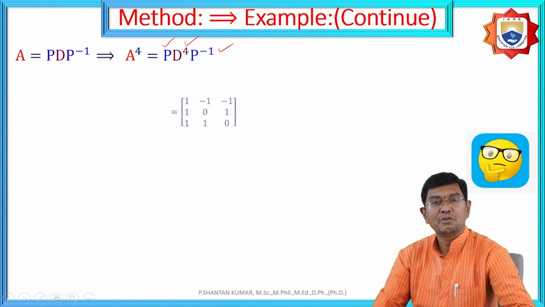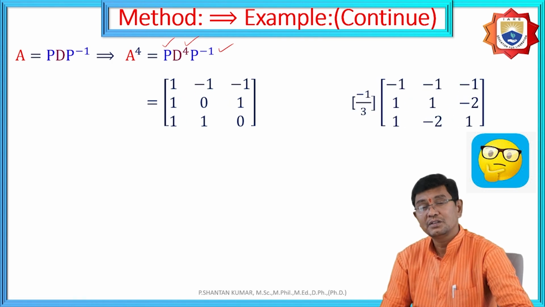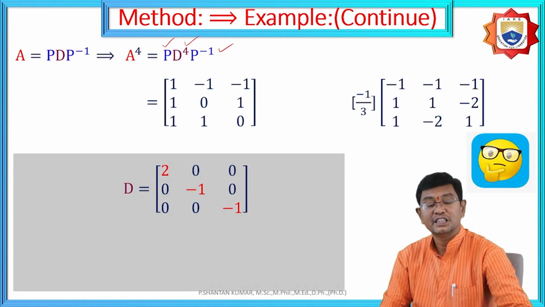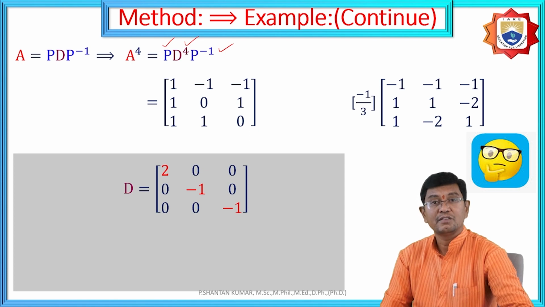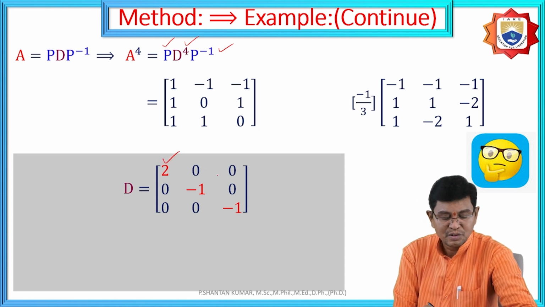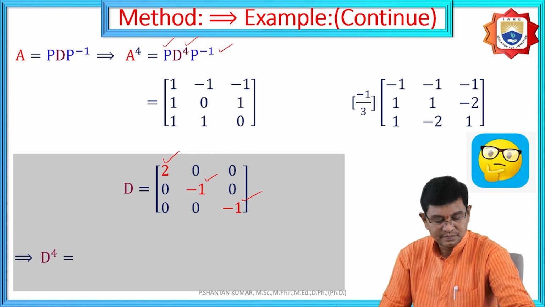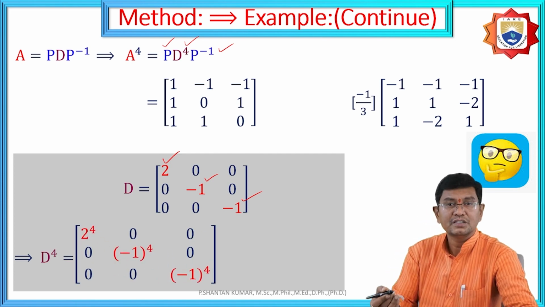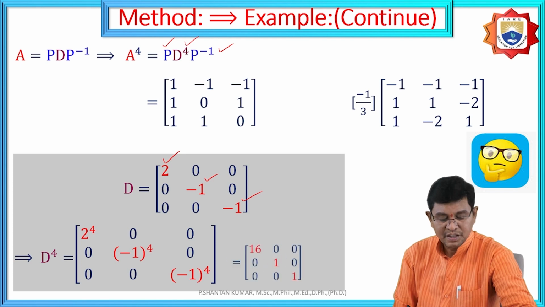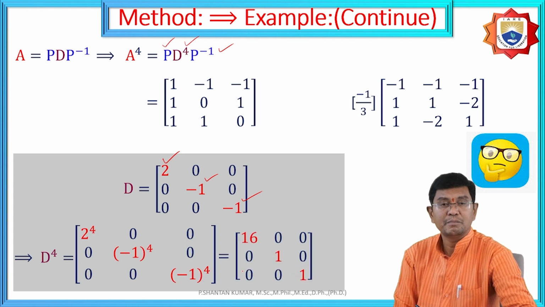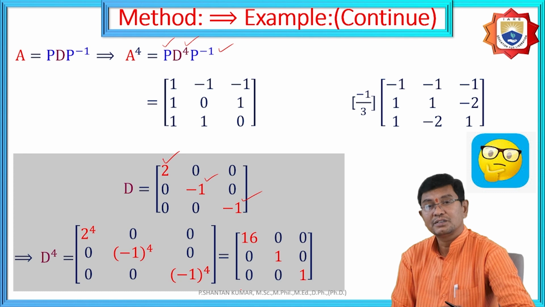That means the diagonal elements should be raised to the power 4: 2 power 4, (-1) power 4, and (-1) power 4. Here 2 power 4 is 16, and (-1) power 4 is an even power, so it is 1, and the other (-1) power 4 is also 1.